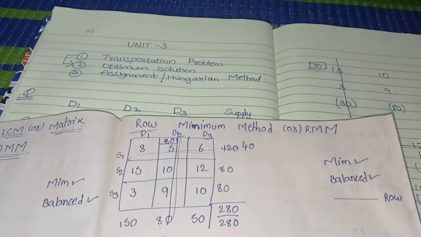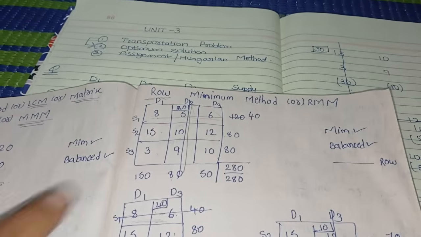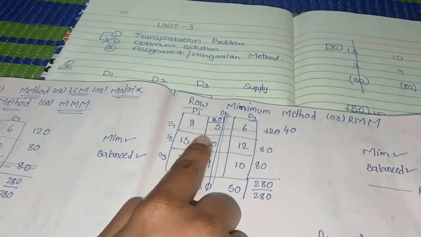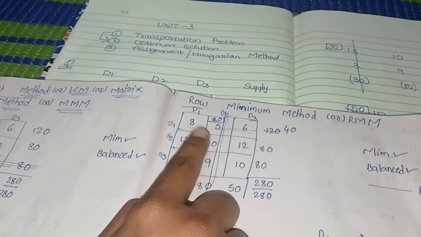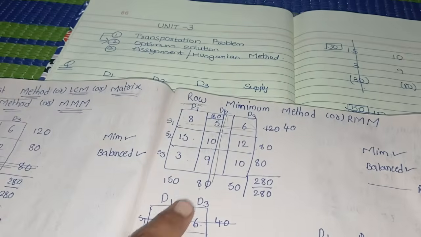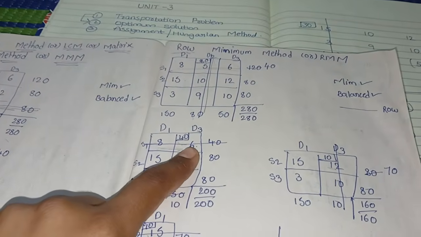Same like that only. RMM, that is the row minimum method, is about a row. These are rows, no: first row, second row, third row. In a row, what is the least number you are having? See here 8, 5, 6. What is the least? 5. Next, after doing the deductions, again the row is here 8 and 6. What is the least? 6.